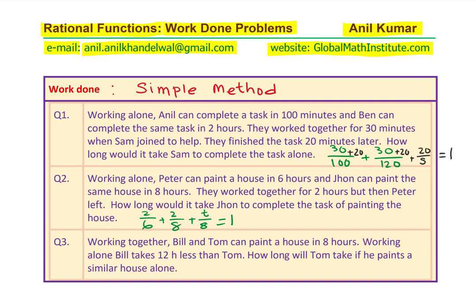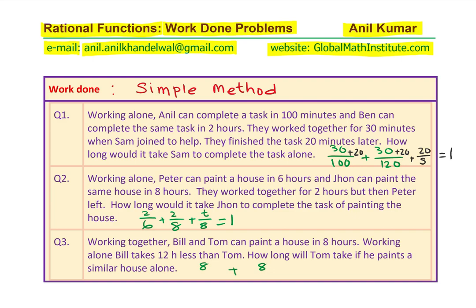Perfect. Third one. Working together, Ben and Tom can paint a house in 8 hours. Working alone, Bill takes 12 hours less than Tom. So we know they work together for 8 hours. Now, what is the rate at which they are working?